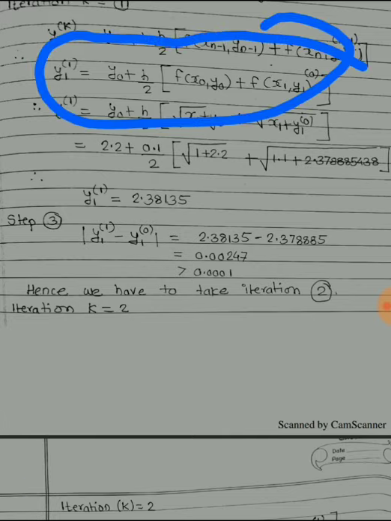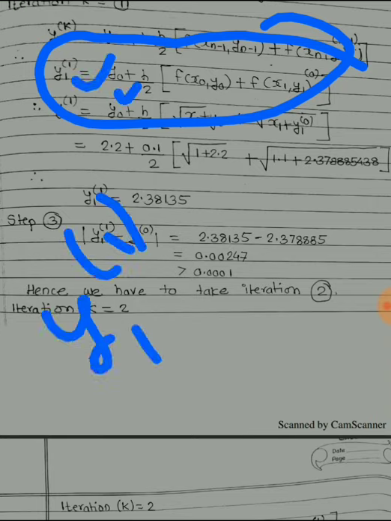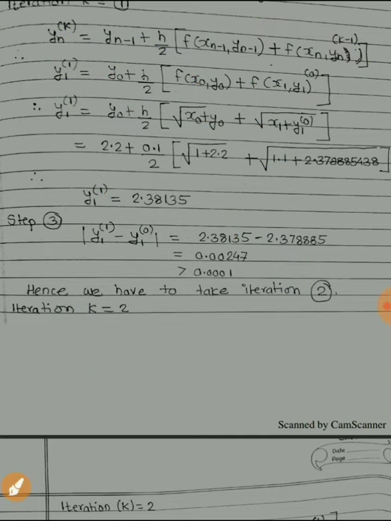See, this is the formula. y1 of 1 is equals to y0 plus h by 2 in bracket f of x0, y0 plus f of x1, y raised to power 0. This was y raised to power 0. Now, if I am taking another iteration, the formula becomes the second iteration for correction.